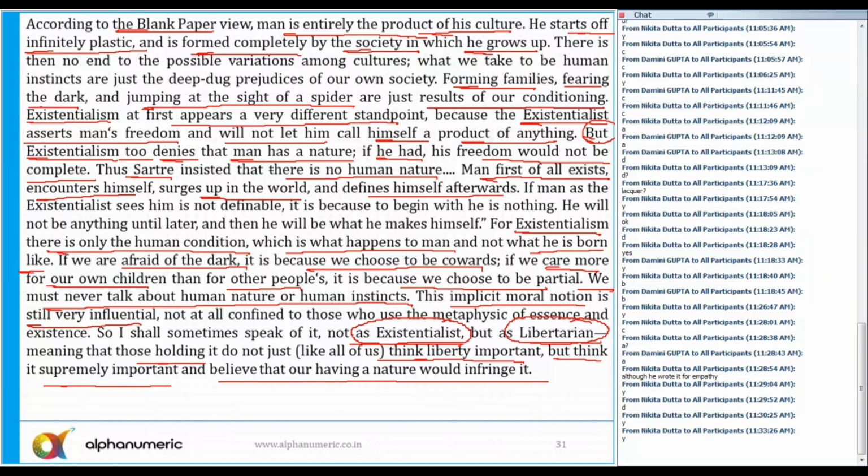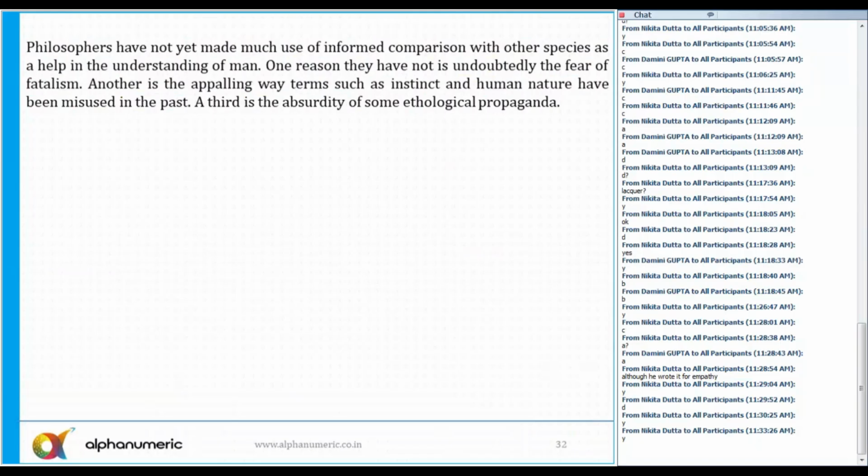So, in a sense, libertarians extend the views of the existentialists. Existentialists just say that human beings don't have nature. Libertarians say that it is absolutely important that human beings don't have nature. Okay, this is what he's trying to say.